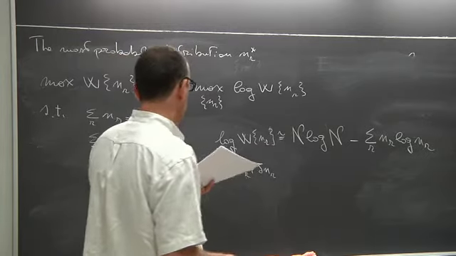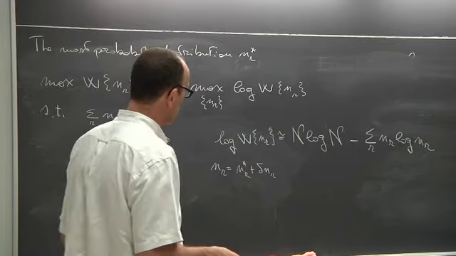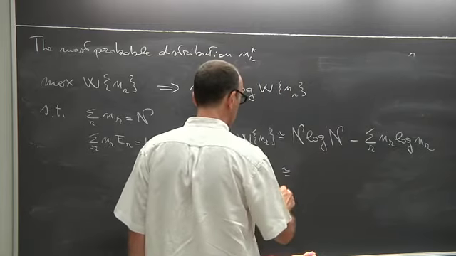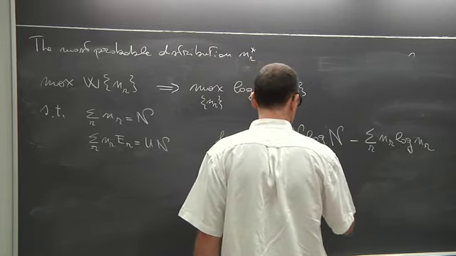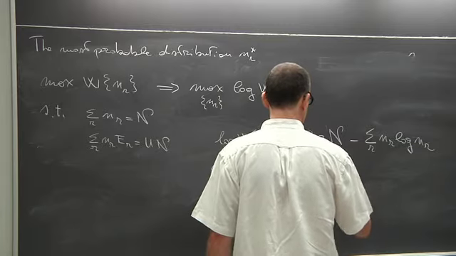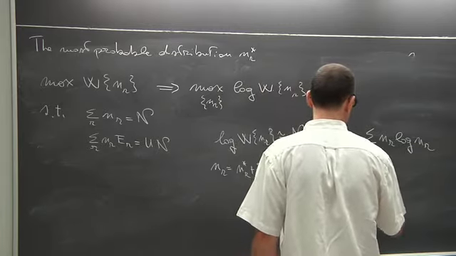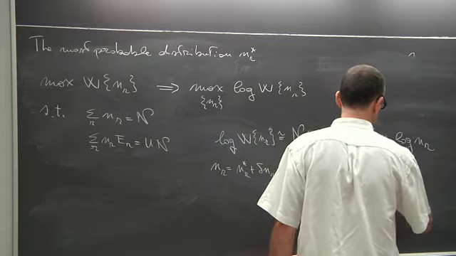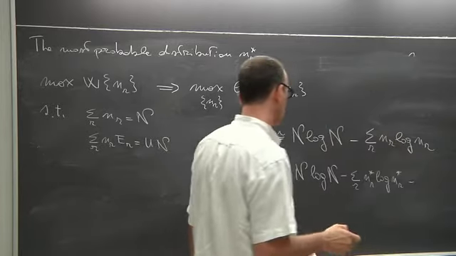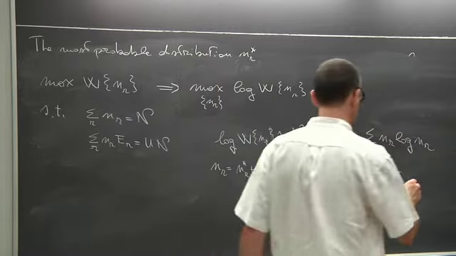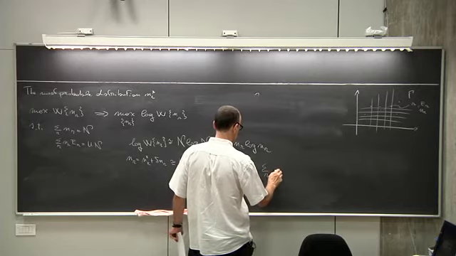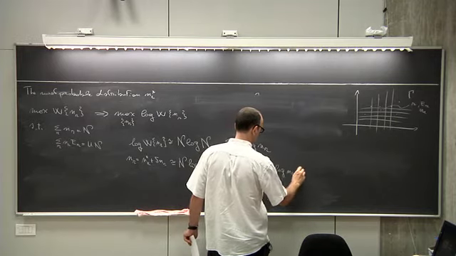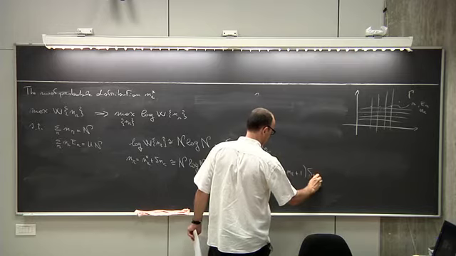If I substitute here, I will get N log N minus sum over r of n r star log n r star, and then the first order term will be sum over r of log n r plus 1 times delta n r.